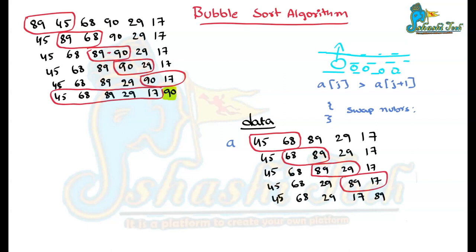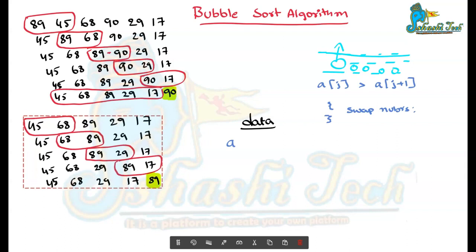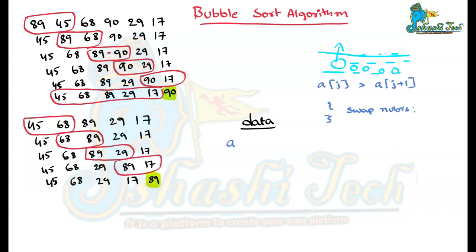Okay, you can see that the biggest number among these array elements is popped out, meaning it is sorted. For the time being, we shall copy this entire thing to one side. Okay, then we shall write the required ones, that is 45, 68, 29 and finally 17.